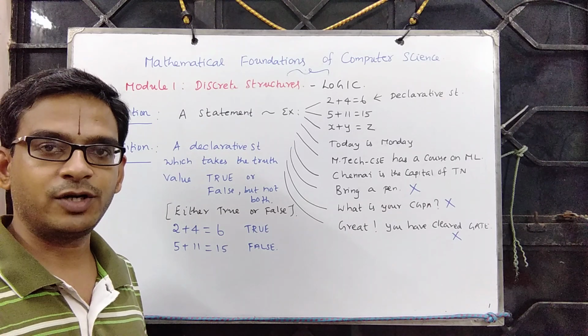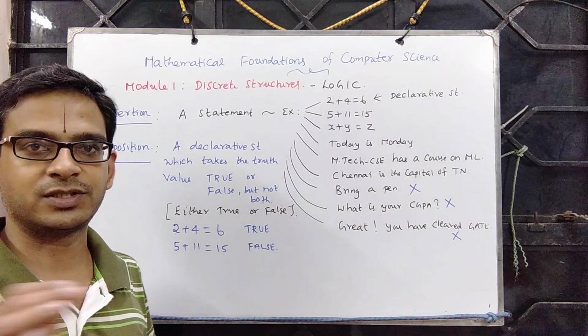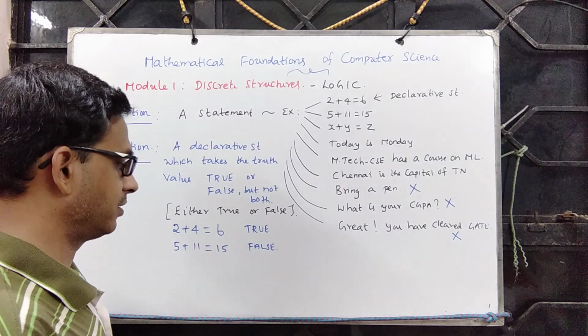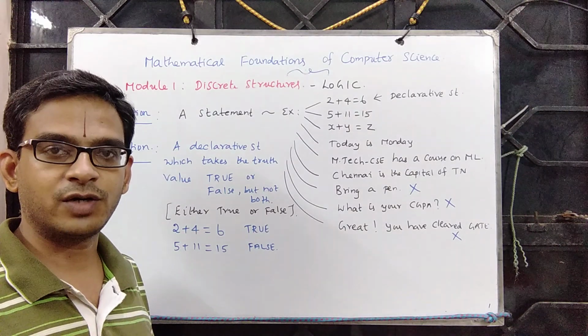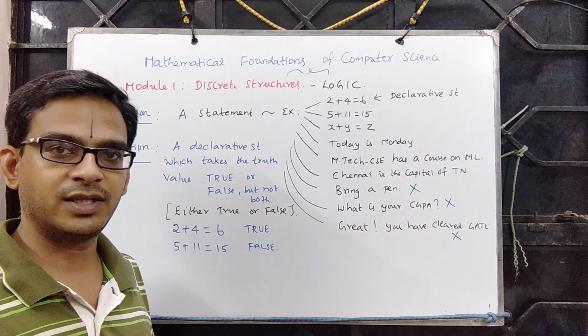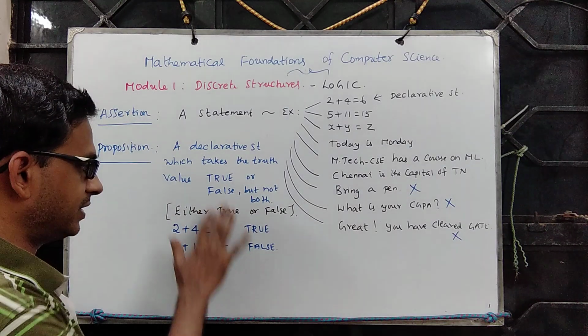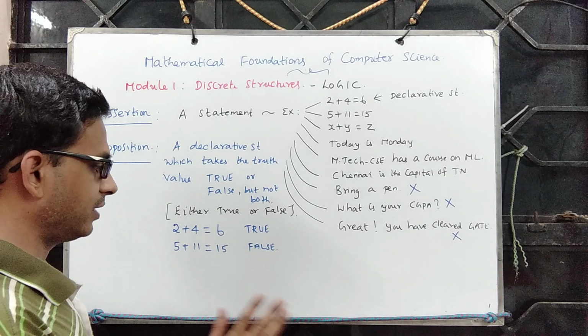At a particular point in time it is true, at a later point in time it is false. So it should not depend on time. That's one version. If you bring time and then the context into the picture, that is the other definition. As far as this definition is concerned, it is context independent.